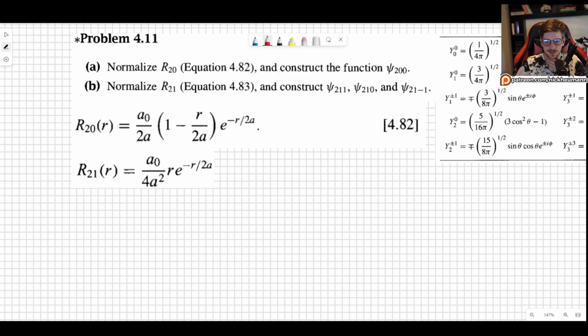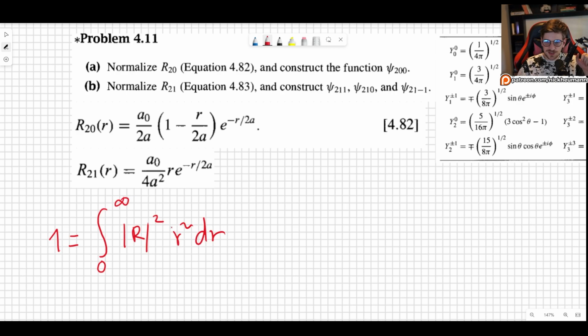So we want to normalize them. And how do we normalize it? Well, we integrate over the entirety of space and we want that to be 1, right? So this would be the integral from 0 to infinity of the radial wave function squared, r squared dr. We are integrating in spherical coordinates.